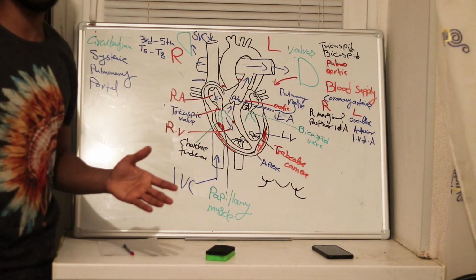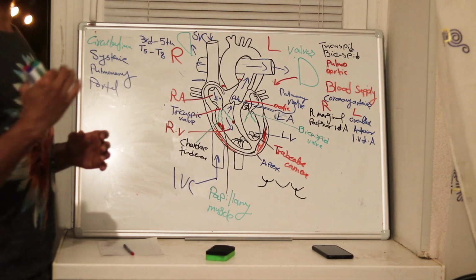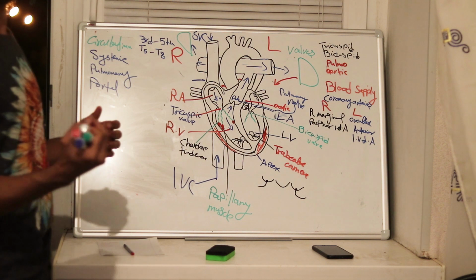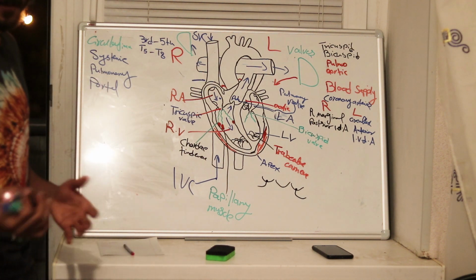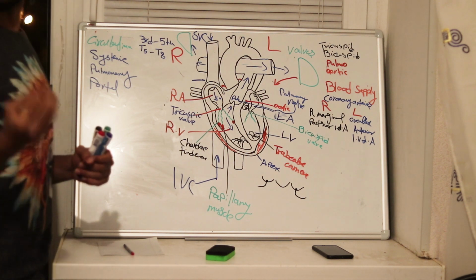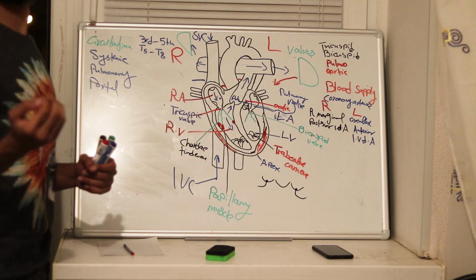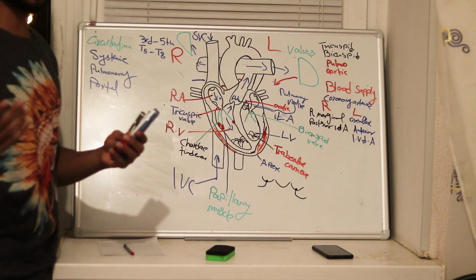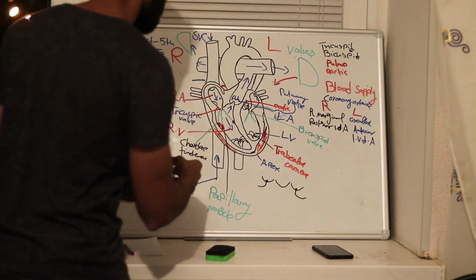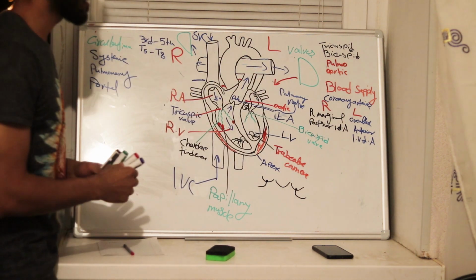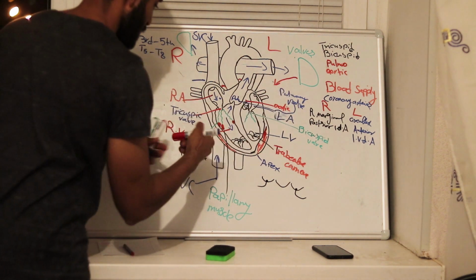So we just say the vessel that leaves the heart is an artery, and the vessel that comes to the heart is a vein. So you can say the functional difference between arteries and veins is the direction of blood flow. So from the lungs to the heart by the pulmonary veins.